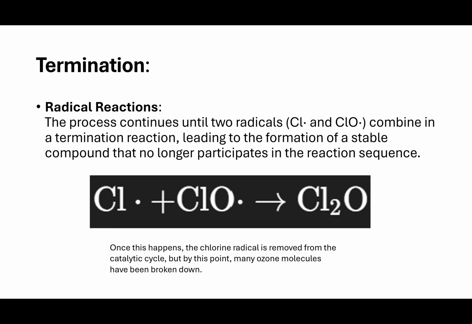Interesting. I thought that oxygen would be an anion and chlorine would be an anion, and now we have an entire species with two chlorine and an oxygen. Once this happens, the chlorine radical is removed from the catalytic cycle. But by this point, many ozone molecules have already broken down.